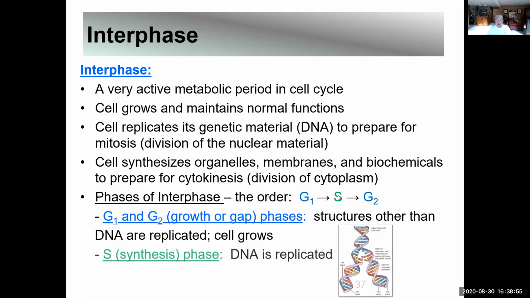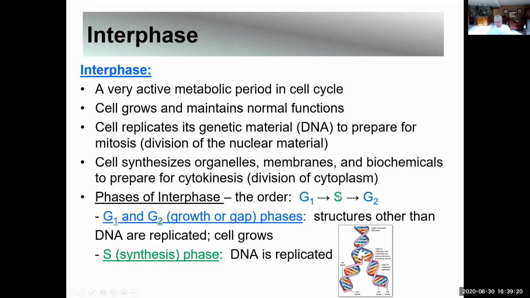This is when the DNA is replicated, followed by G2, gap 2, or growth 2. It's during G1 and G2 that the parent cell is making more organelles, making more membranes, making more biochemicals, gearing up to give these to the 2 daughter cells that will be formed.